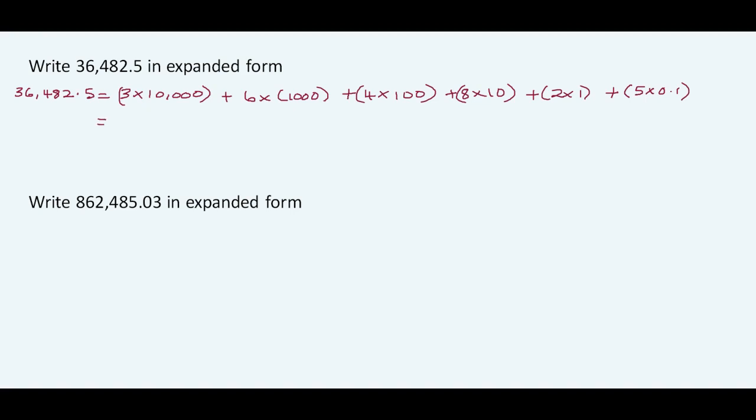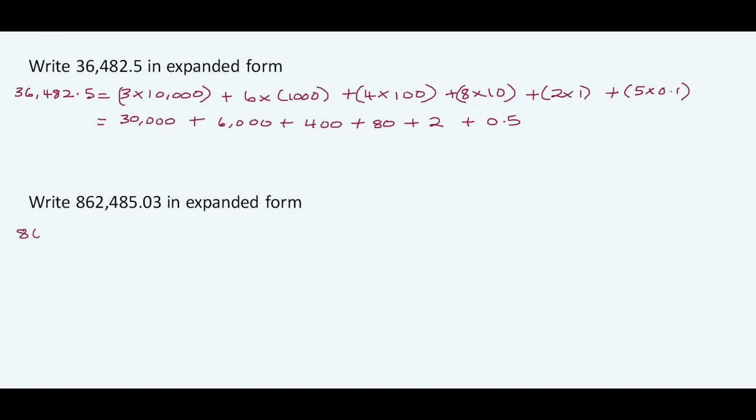So this is going to give us 30,000 plus 6,000 plus 400 plus 80 plus 2 plus 0.5.